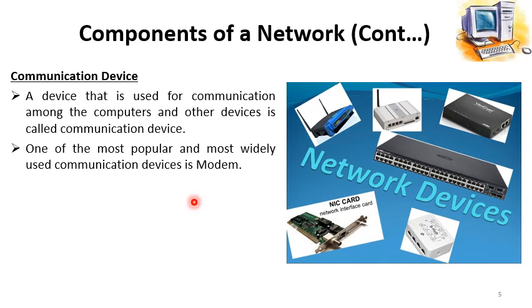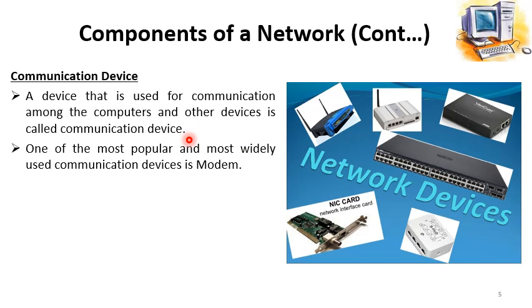One of the most popular and most widely used communication devices is the modem. Modem is a very important essential component of a communication network because it performs two functions, that is modulation and demodulation. It enables us to communicate over the wired medium or wireless medium, and it converts the digital signals to analog, and on the other hand it converts the same analog signals into digital signals.